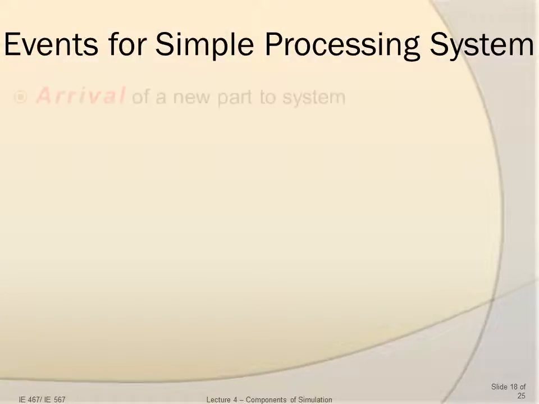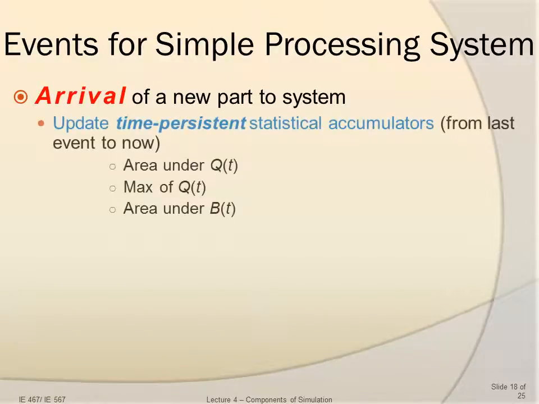Events for simple processing systems. First of all, arrival of a new part to the system. During arrival, we need to update time-persistent statistical accumulators from the last event to now, such as area under Q(t), maximum of Q(t), which is the length of the queue, and then area under B(t), which is our utilization.